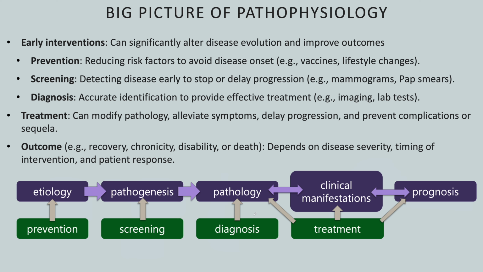So treatment, early diagnosis, screenings, prevention measures, all of them can very significantly alter the prognosis, the clinical manifestations of the diseases, working in benefit for the patient and for the health system, reducing costs, reducing the number of days that people have to be off work, increasing the quality of life of the patients in general.